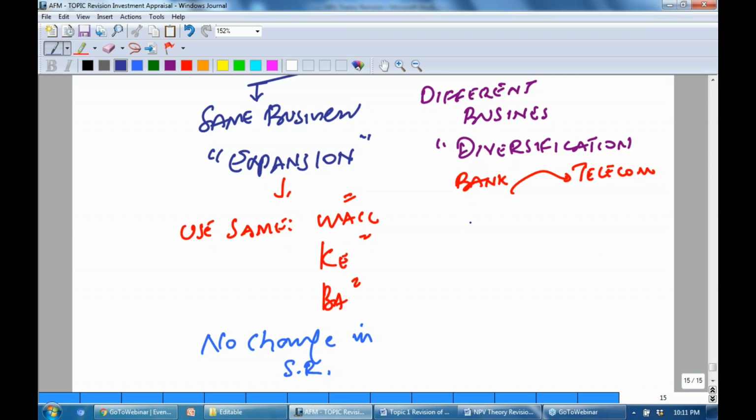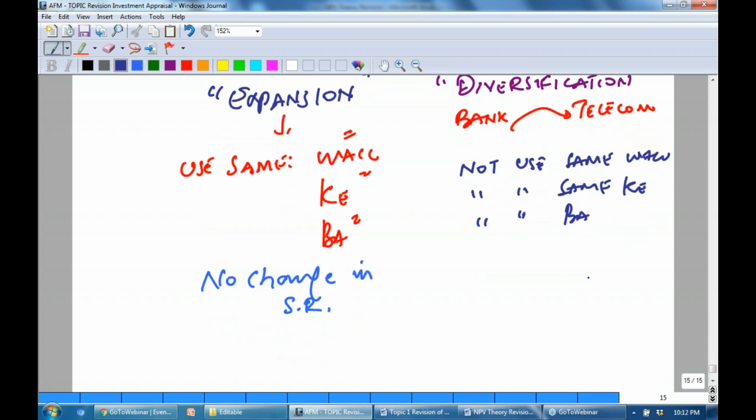We cannot use same WACC. We cannot use same KE. We cannot use same beta asset. Because why? Because change in systematic risk.